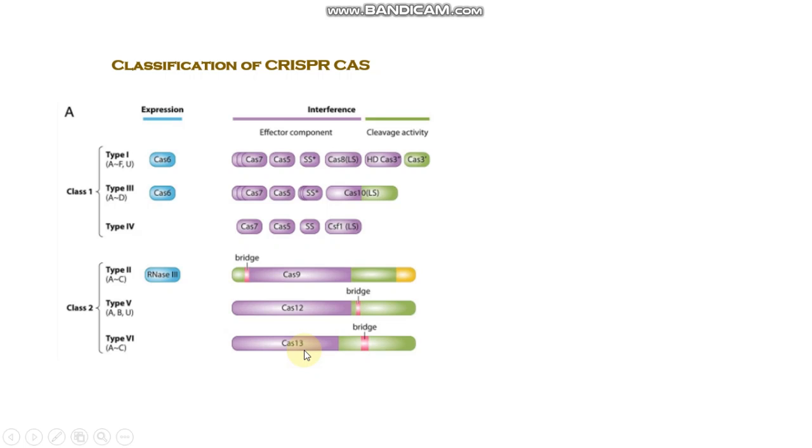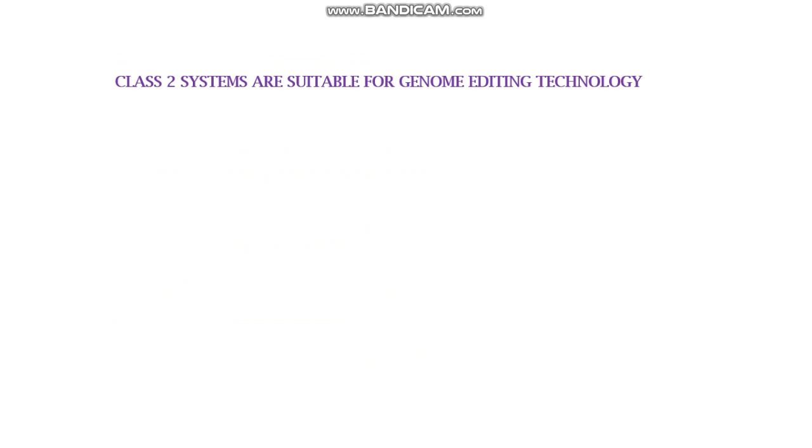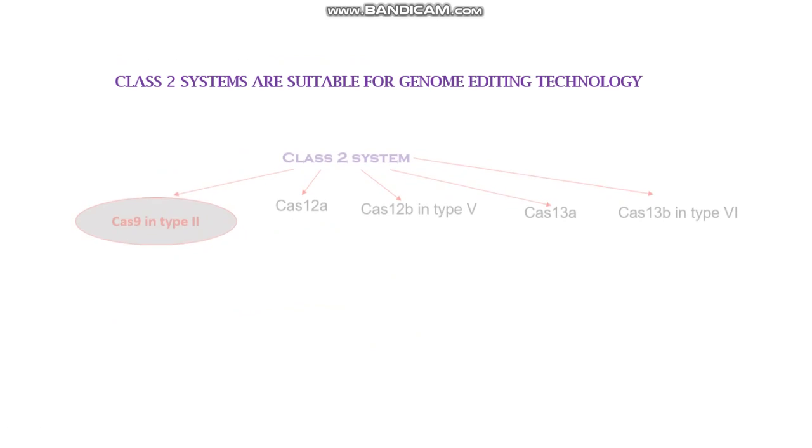This is the basic difference, and class 2 is mostly used for gene editing, as class 2 systems are suitable for genome editing technology.